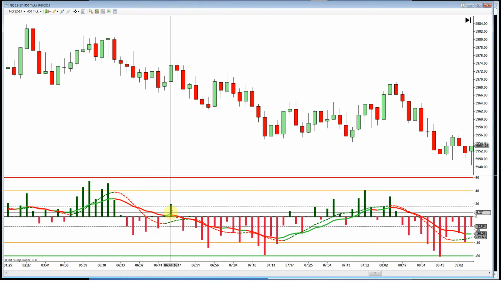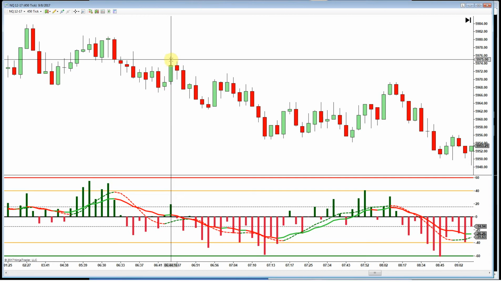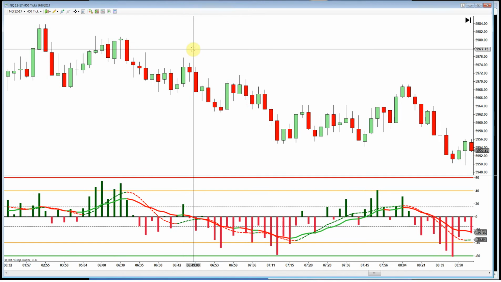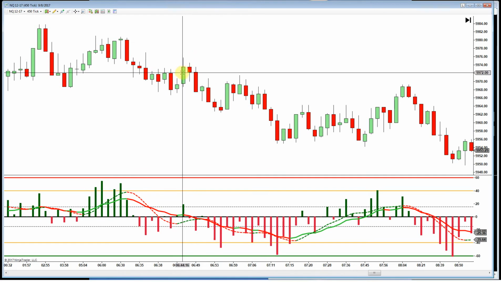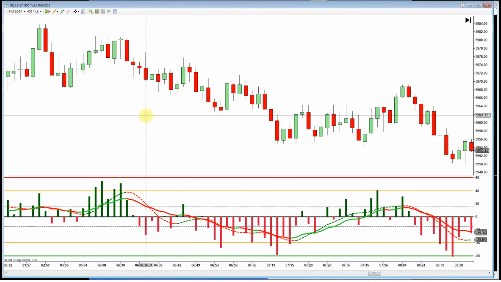The histograms are lower. Sure, they popped up here, and that's reflected on this little pop-up here, which might have just been some cowboy with a program putting on 400 contracts or something. Who knows? But you can see here, and this is rule number 1, or method number 1.